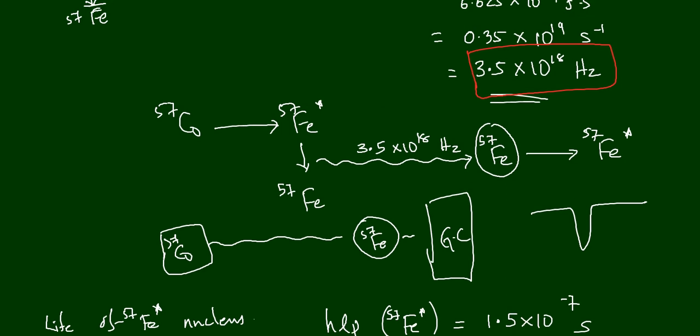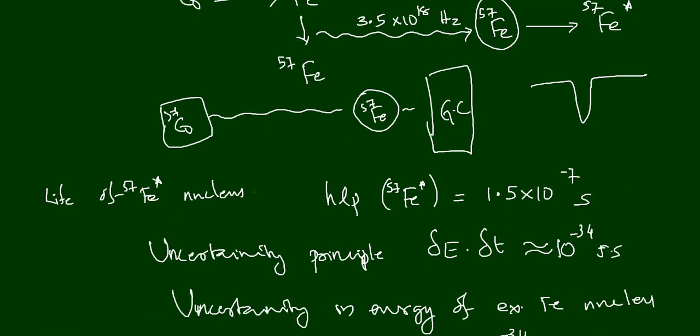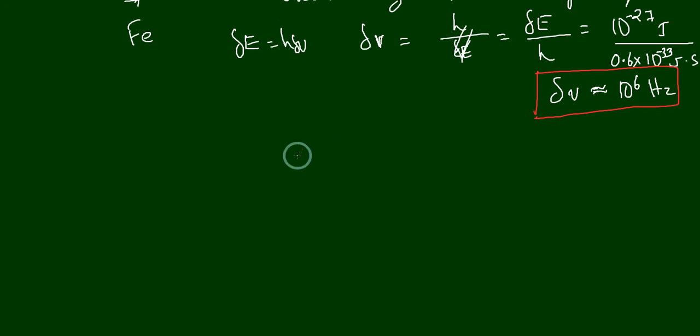If it was emitting a frequency of 3.5 × 10^18 hertz, the spectrum would look like this. That is 10^18 hertz, so it would be a sharp line in the spectrum. But we have proven that that is not going to be a sharp line.